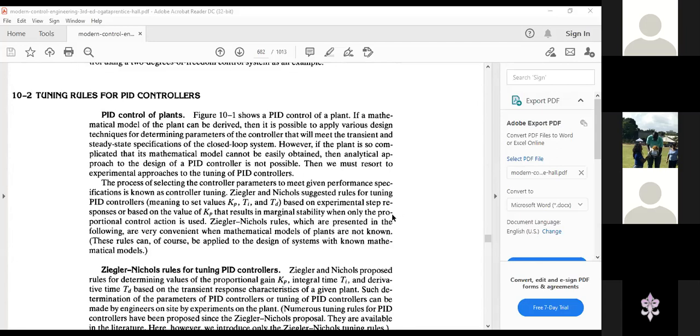Now, there are several methods of control, but the one that we are going to be focusing on is the most popular one that exists, and that is Mr. Nichols and Mr. Ziegler's rules. And like I said, they are empirically determined.